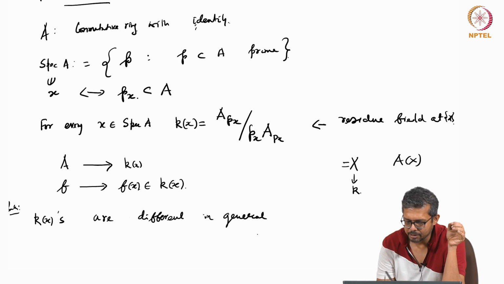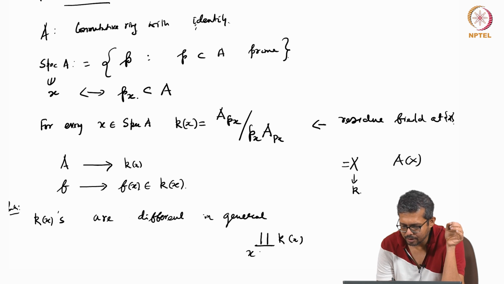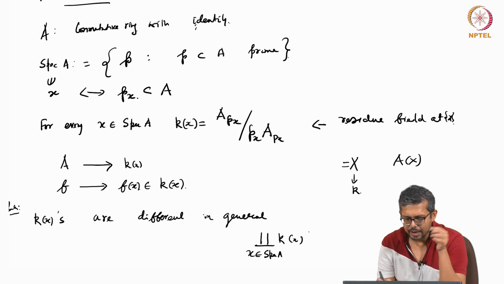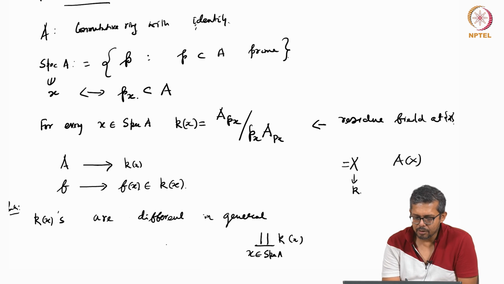In some sense, if you take the disjoint union of k(x), x belonging to Spec A, then A can be thought of as functions from Spec A to this.